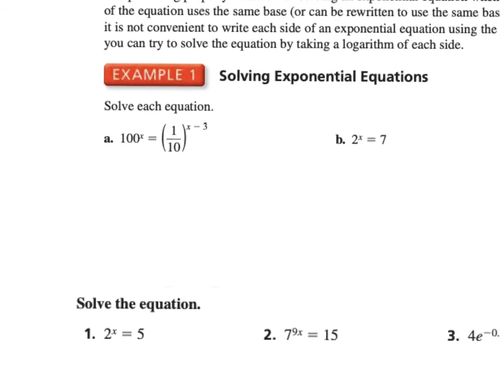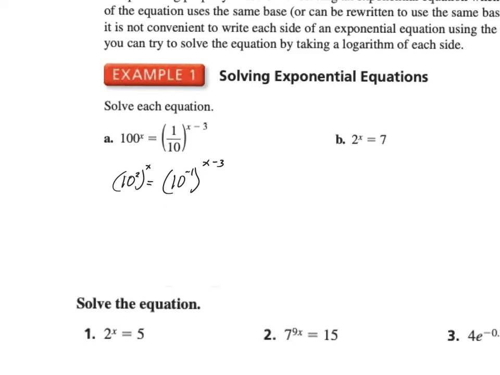I can rewrite 1 over 10 as 10 to the negative 1, and I hope you can convince yourself that that's true, to the x minus 3 equals, and what is 100 as a base 10 number? 10 squared is 100, to the x. So one of the things we're going to be doing is trying to express, if we can, the equation as having the same base on the left and the right side. Once the bases are the same, the exponents must be equal.